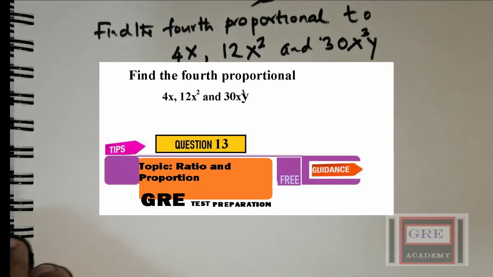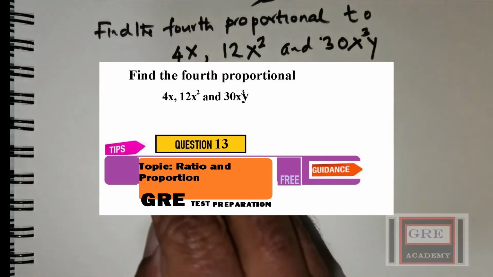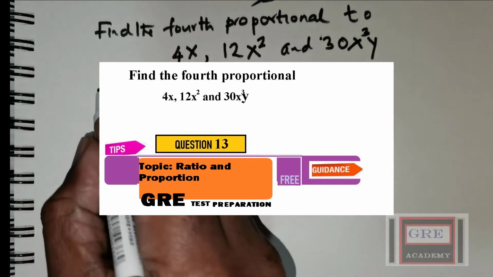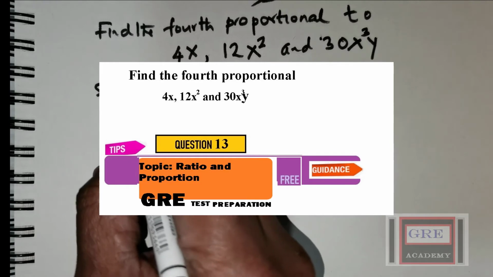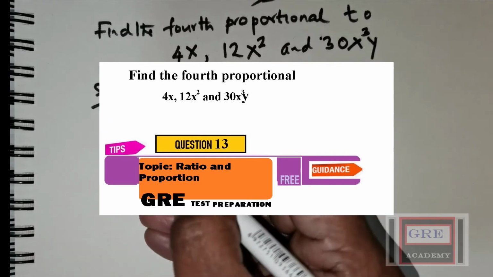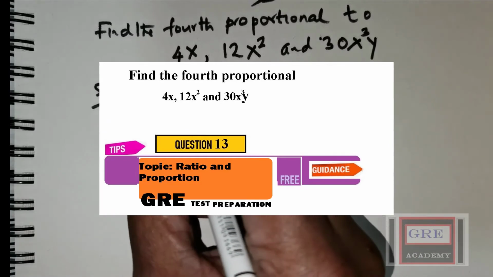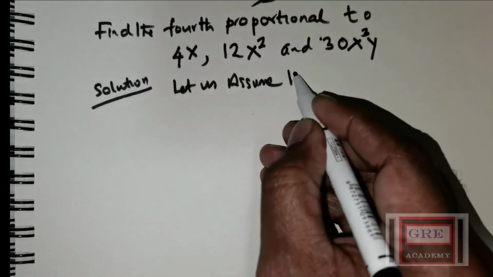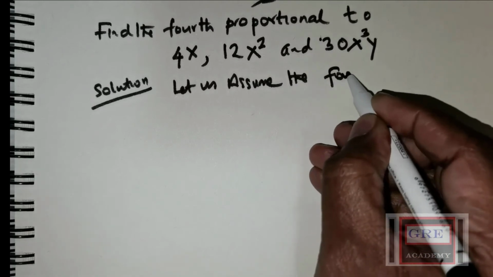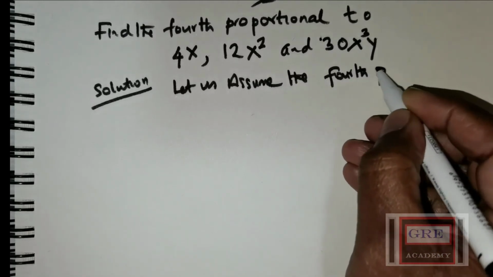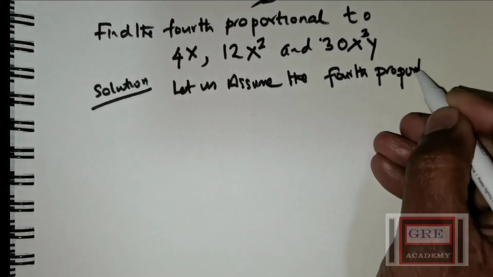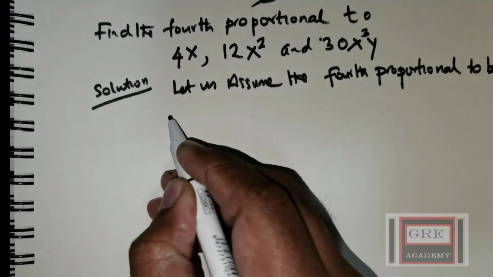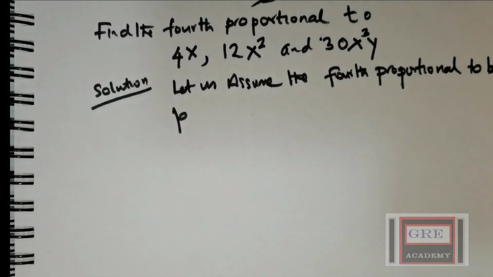Students, we are asked to find the fourth proportional to 4x, 12x squared and 30x cubed y. So the solution can be achieved as follows. Now let us start by assuming the fourth proportional to be p.